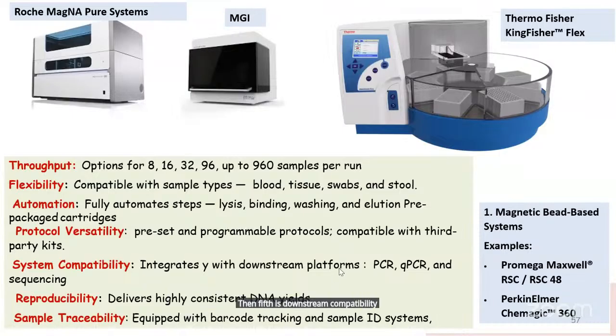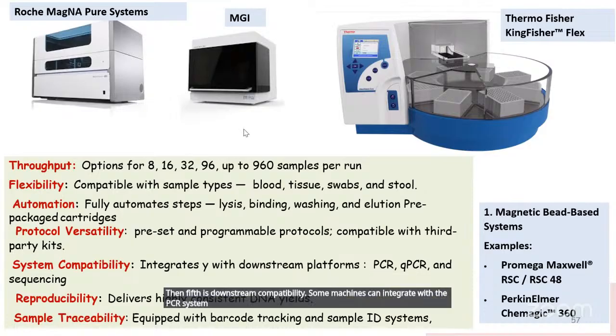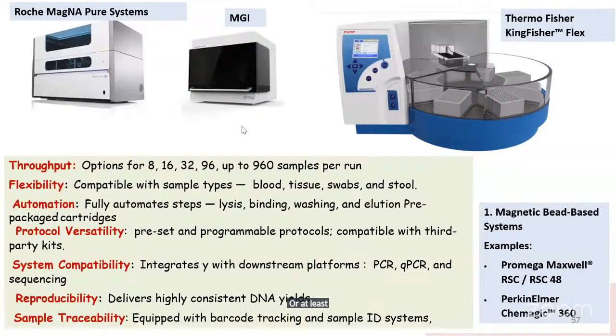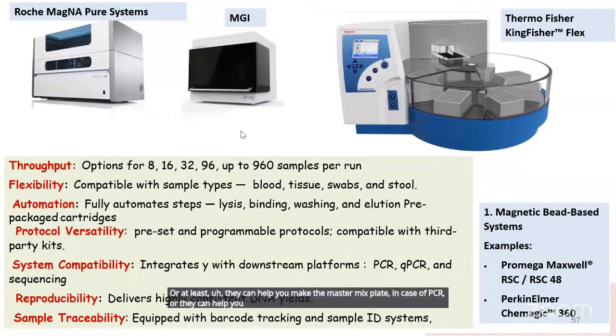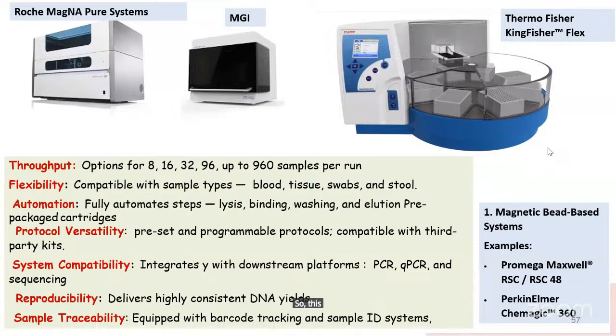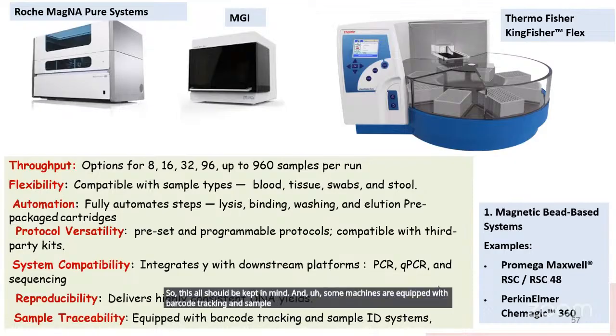Some machines can integrate with the PCR system or the sequencing system, or at least they can help you make the master mix plate in case of PCR, or they can help you make the library for sequencing. So this all should be kept in mind. And some machines are equipped with barcode tracking and sample ID system that is important for diagnostic samples.